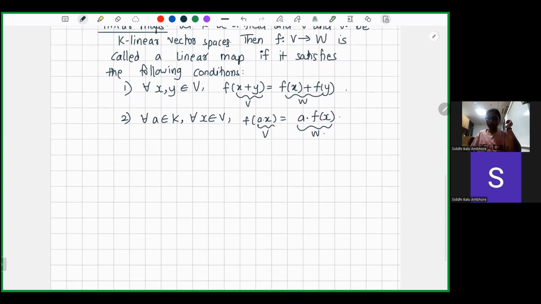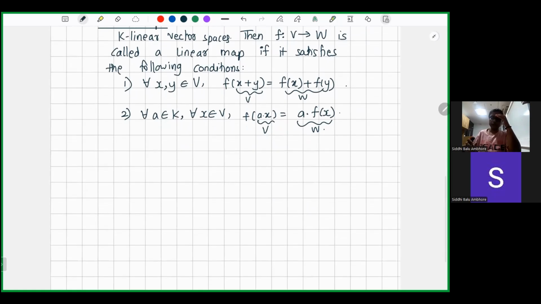Before moving to that, also note that once we have this condition satisfied, one more condition we can derive from here: this implies f of 0 times x is 0 times f of x, right? So this anyway becomes 0, and we are now starting with the 0 itself.